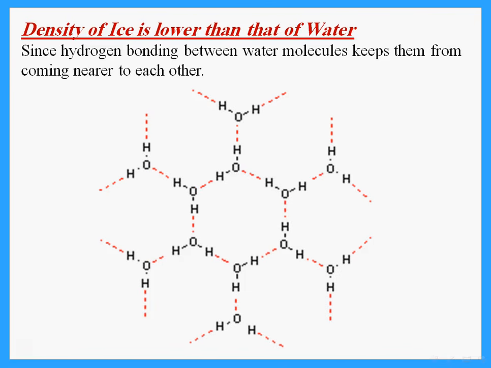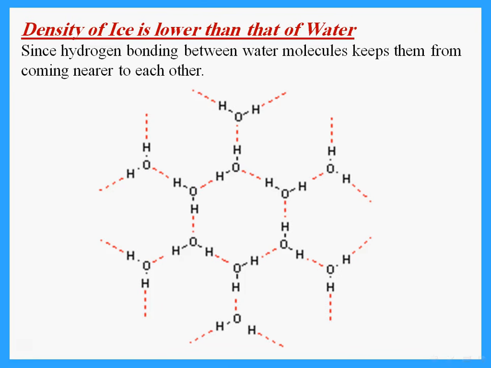This applies to all substances in general except ice and water. So solids should have higher density than liquids because the molecules should be closer to each other in solids, and that means they will have higher density, except for ice.